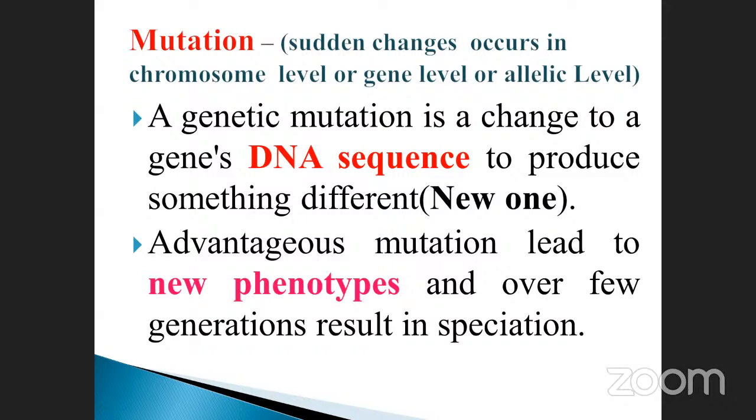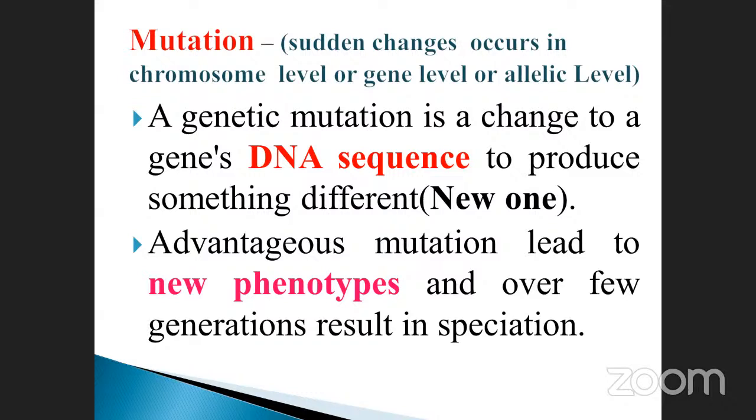So the offspring will also be new compared to the parent. The genetic mutation is a chance change to a gene's DNA sequence to produce something different. That is called a new one. The genetic mutation is a change to the gene's DNA sequences.